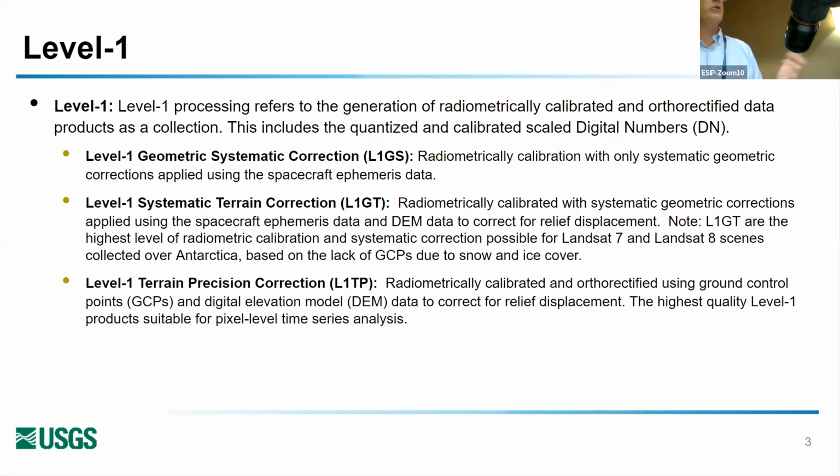So when you look at product file names, you'll see L1 and the variant in the file name. Otherwise, these are the calibrated radiances, digital numbers, really just comports with what you think of as a level 1 product.